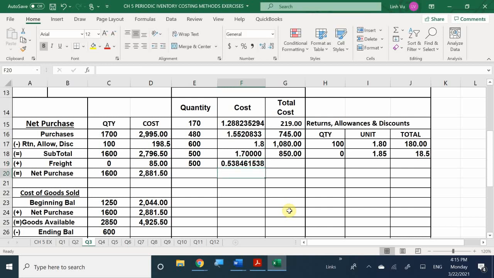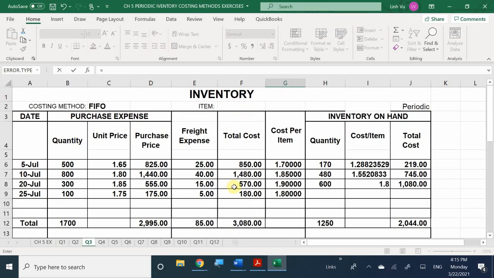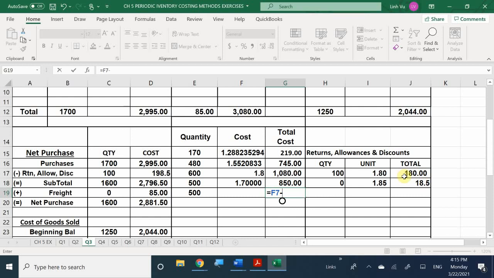Okay. Oh, it is 53 cents? That doesn't make sense. All right, let me do it again. So my total cost for buying that is 1,480. Okay. Minus 180. Okay, gives you 1,300.